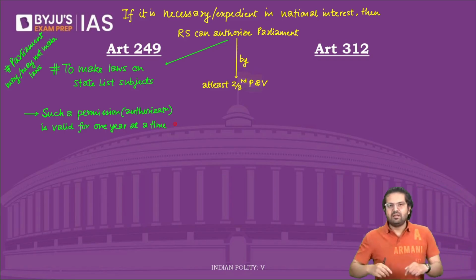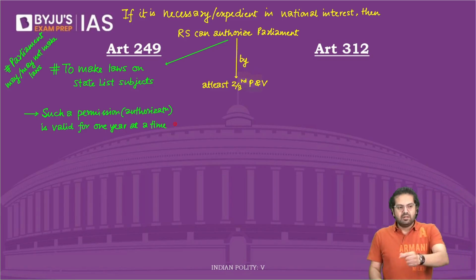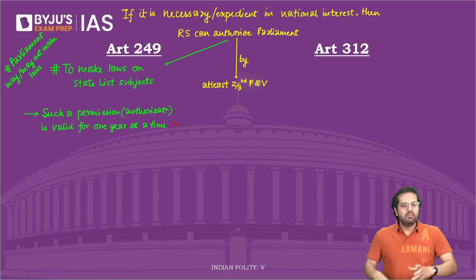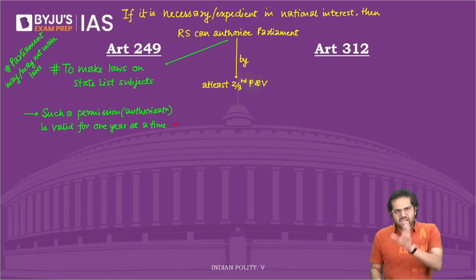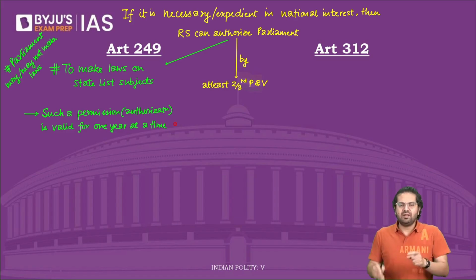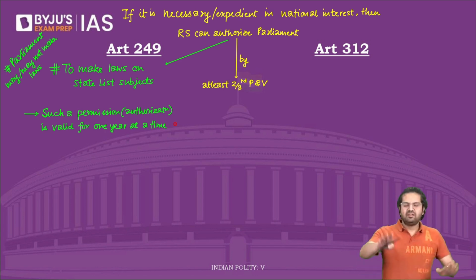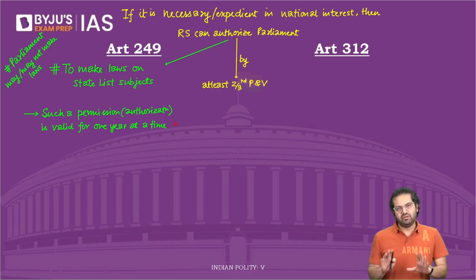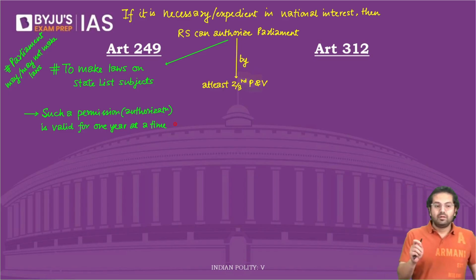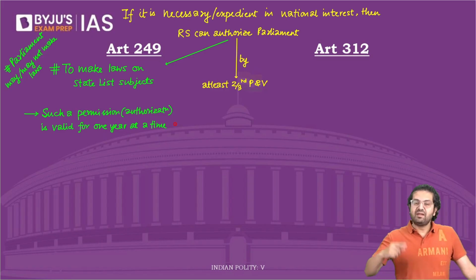So, if today the Rajya Sabha gives permission, then for the next 1 year, the Parliament may or may not make laws on those topics where the Rajya Sabha has given permission to Parliament to make laws for next 1 year. All 365 days. You can make laws every day. You cannot make a law a single day also. It's okay.